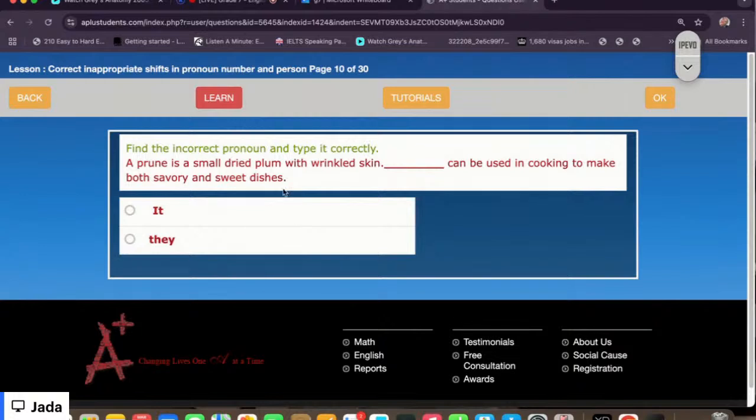Okay, so we have it can be used to cook both savory and sweet dishes. Okay, so yeah. All right.